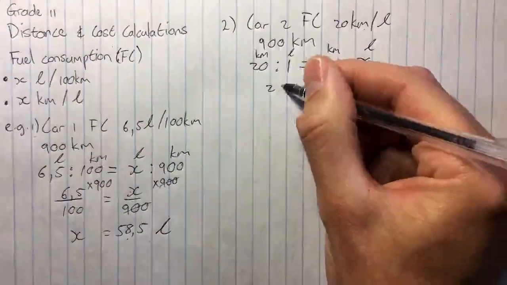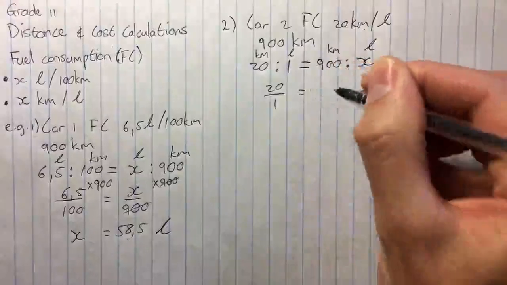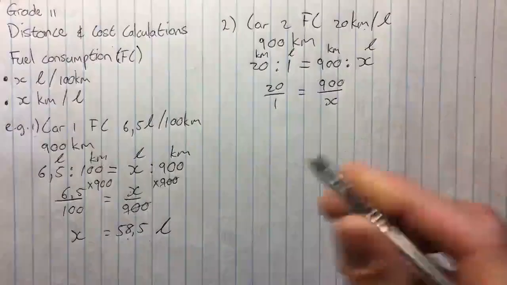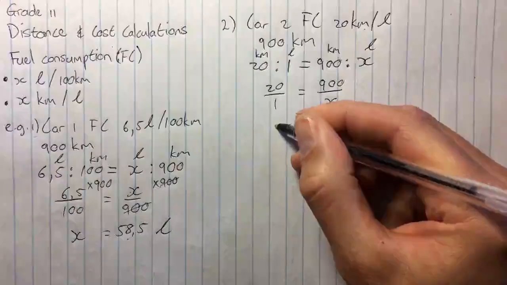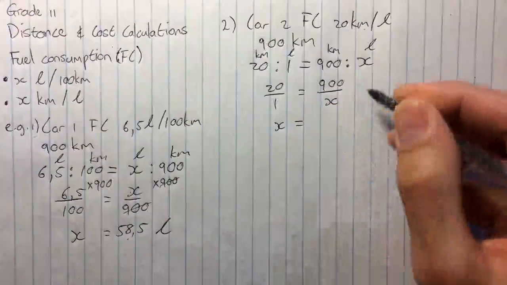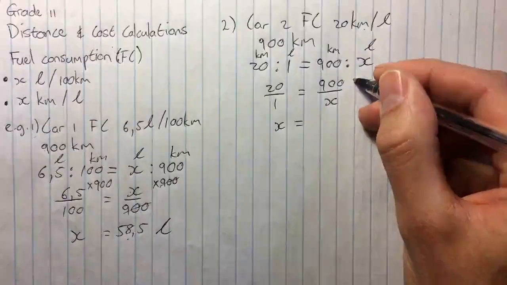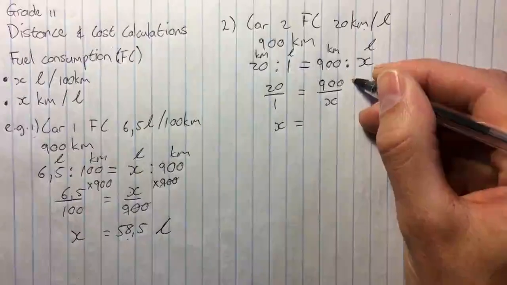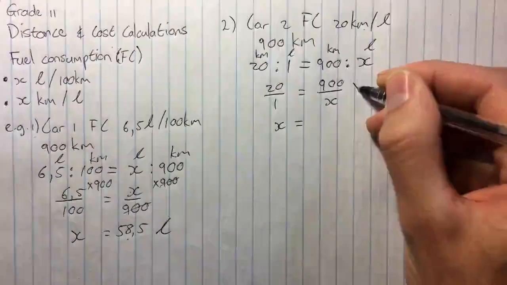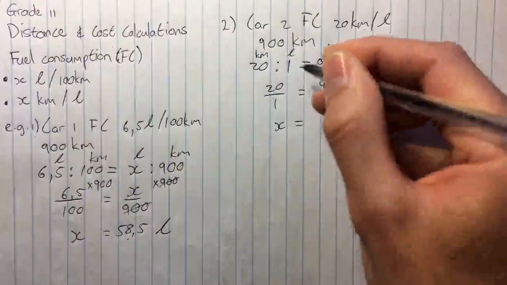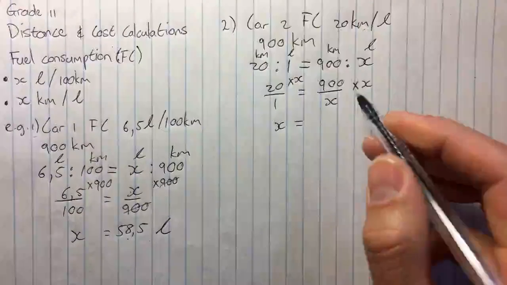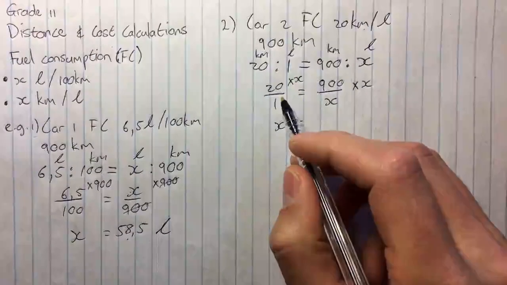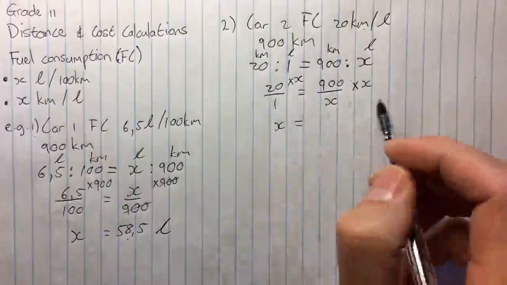So we can write this as a fraction. 20 over 1 is equal to 900 over x. So if we find x, you can multiply and divide. You would have to multiply with x on both sides, so that x can be at the top, and we would have to divide by 20, so that the 20 can be on that side.